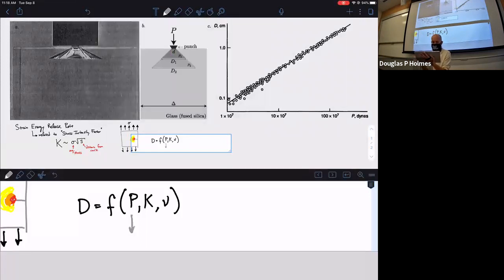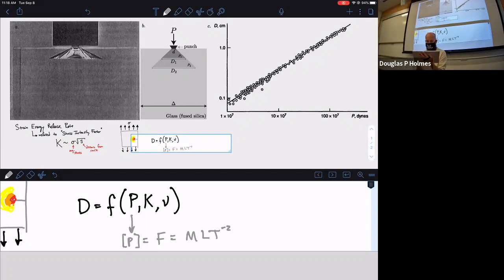So the units of P are force, and the units of force are mass times acceleration, so mass times length times time to the minus 2. And then K is going to be, let's see if that's force or stress.